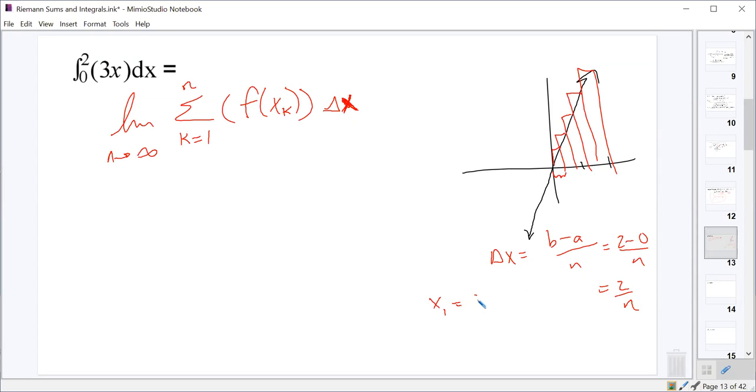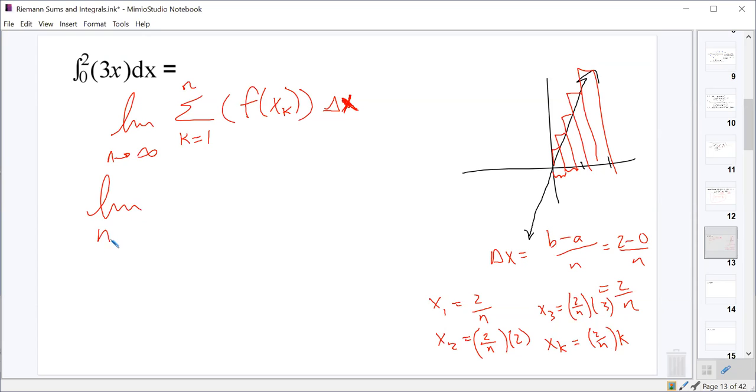Right. It's just 2 over n, right? What about for the second one? How far over do we go to get the height? We go over 2 of those intervals, right? We go over 2 over n times 2. And x sub 3 would be 2 over n times 3. What do you think x sub k would be? It ought to still be 2 over n times k, or 2k over n. All right, so x sub k is 2k over n.